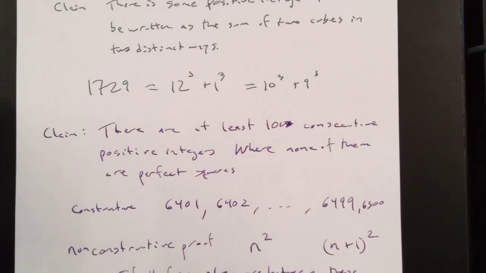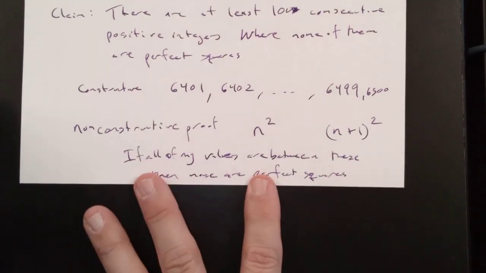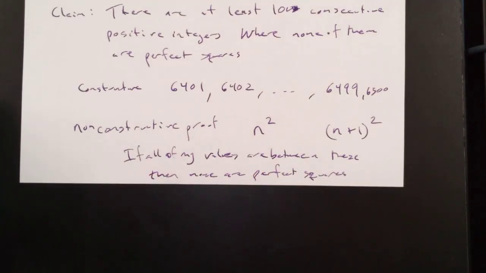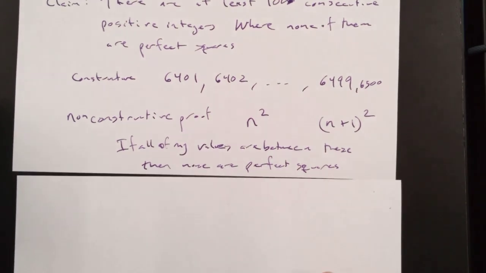There are no squares between 2 squared and 3 squared. There are no squares between 5 squared and 6 squared. There are no squares between n squared and n plus 1 squared, right?